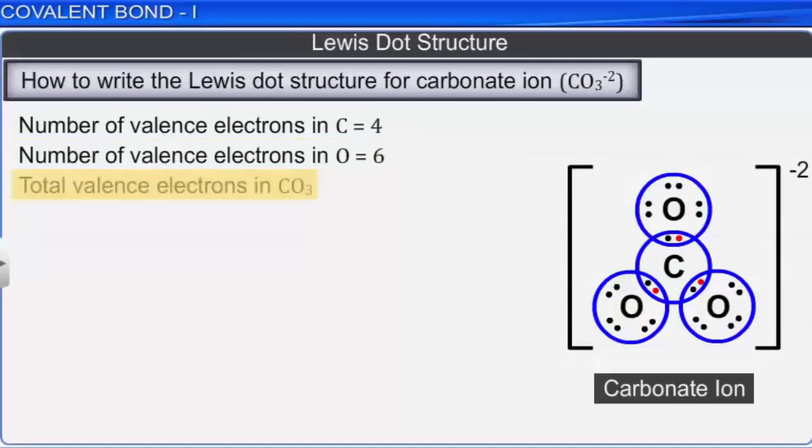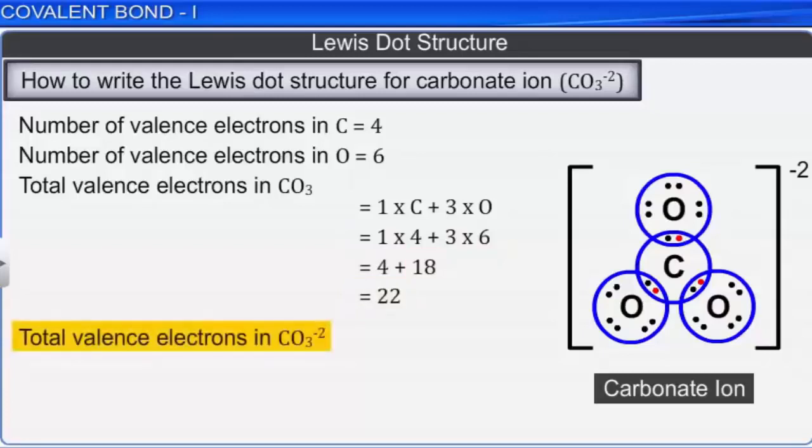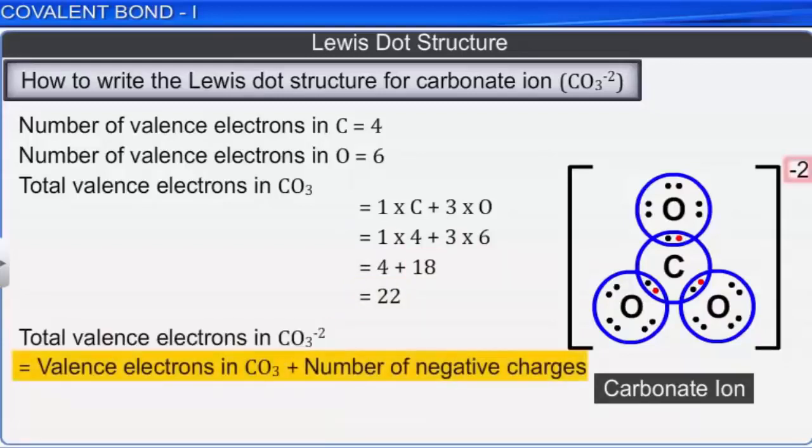As 3 oxygen atoms are present, the number of valence electrons in 3 oxygen atoms is equal to 18. As 2 negative charges are present on the carbonate ion, add 2 to the total number of valence electrons present in carbon and oxygen atoms.